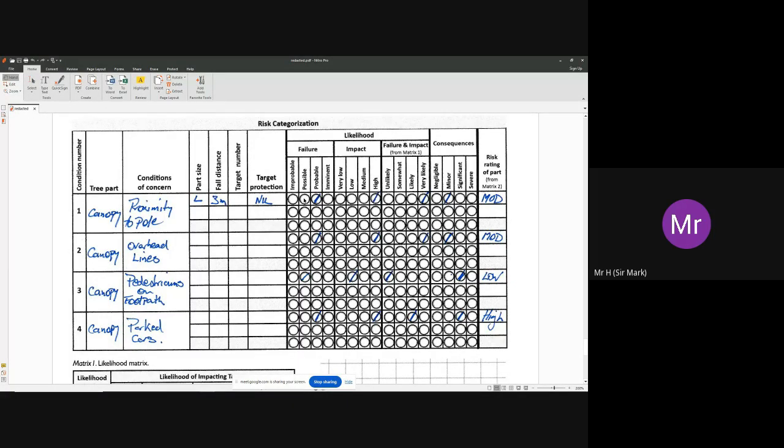The likelihood of impact of a particular branch is potentially high, although there's some protection. The fact that it's a hard woody structure that's not going to do anything. Failure and impact is clearly not very likely. It's somewhat likely. And then consequences, minor.